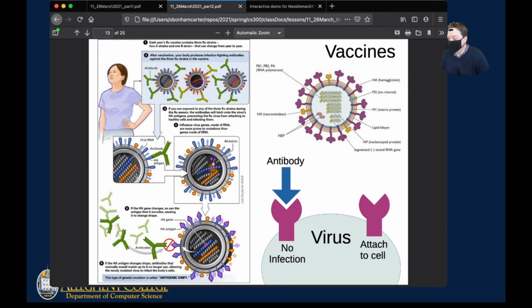Well, in this case, this antibody is sticking to this rose-colored thing, the spike protein that would stick to your cell. If there's nothing blocking it, it can easily attach to the cell. However, if there's an antibody stuck in this receptor, then it can't stick to anything else because something's in the way.